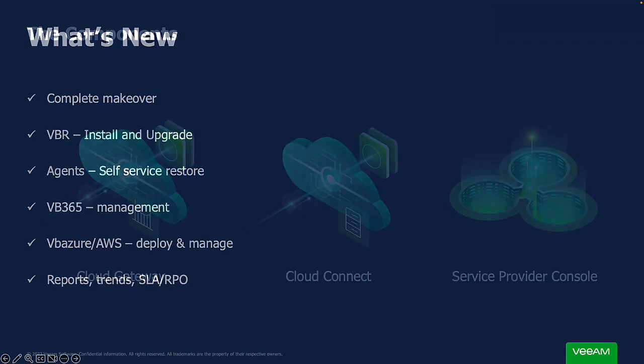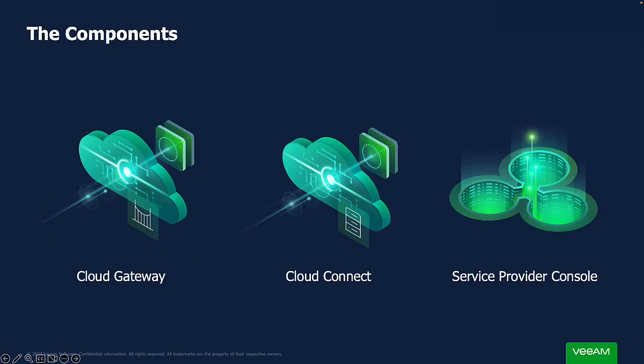Now, just as a little refresher, remember there are 3 components to this. There is the Service Provider Console installed on a Windows machine. You'll need the free Service Provider Console key that comes with your Pulse account. Download that and put it on. You'll need a Cloud Connect server, which is a Veeam backup and replication server with a Cloud Connect license. You can use the same key for the Service Provider Console as you do for Cloud Connect.